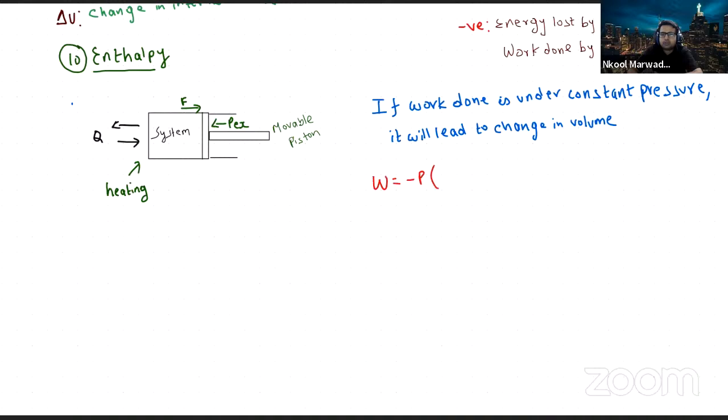Because the force which will be doing work against the external pressure will be acting opposite to the P. Hence, minus is just representing the direction. So minus P and change in volume, this is the work done. And here, interestingly, P will be constant. P will not at all change.